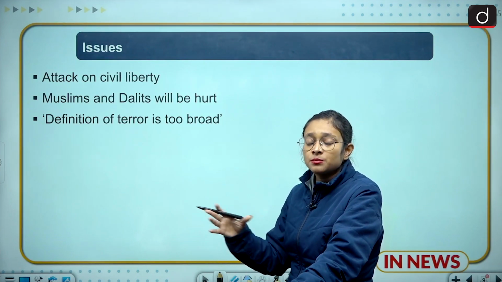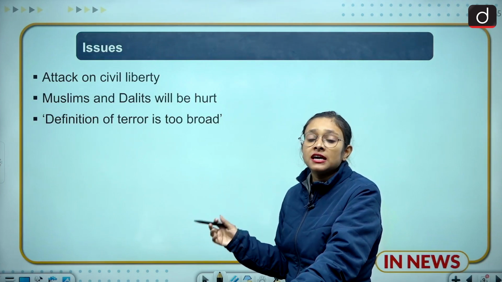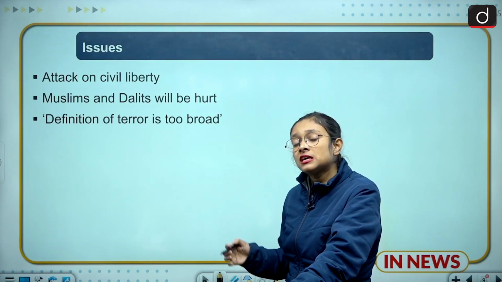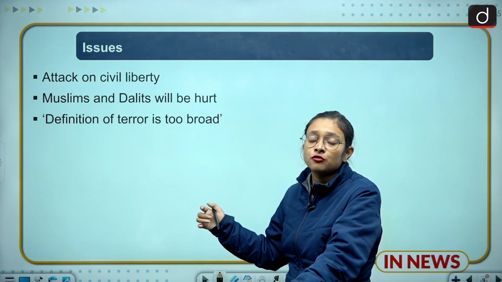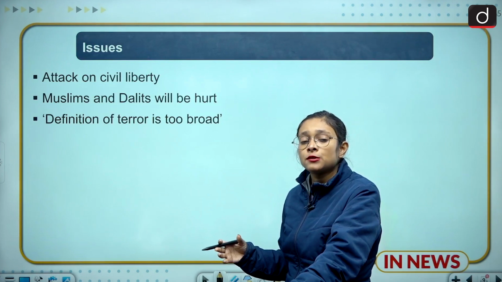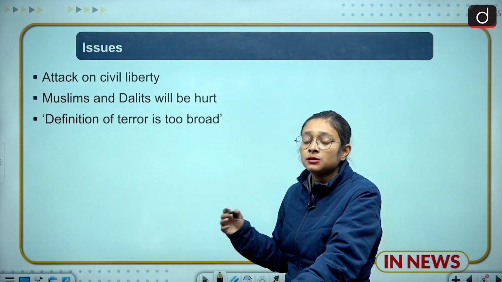So here the terrorism definition is too broad, and it can bring in any kind of activities which are not even terrorist in nature. So these things have raised questions and concerns in the minds of opposition leaders, and many civilians are also opposing this bill because it is harming their liberty.